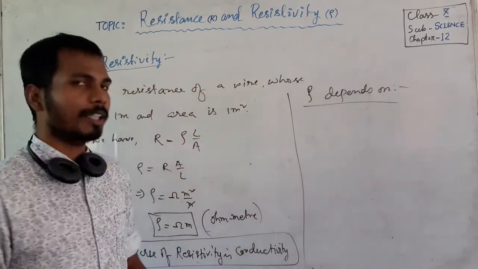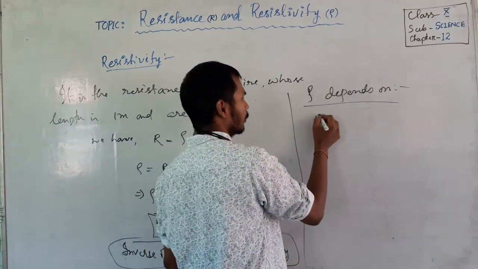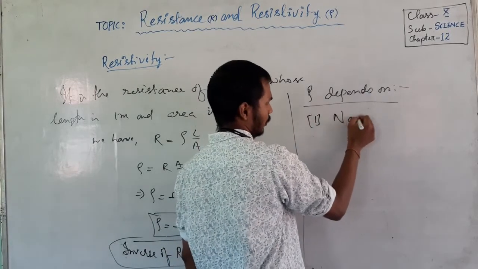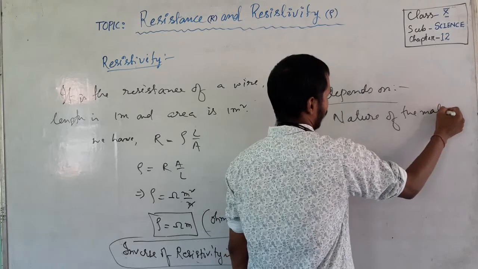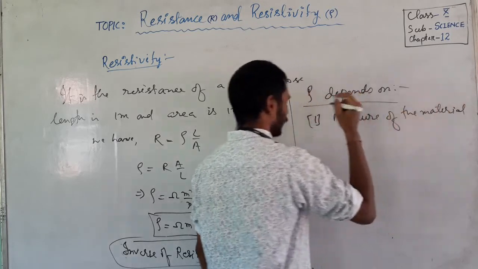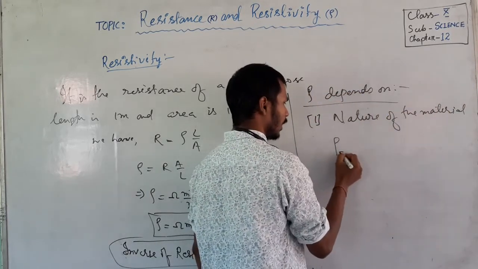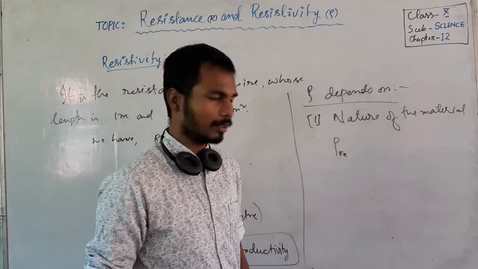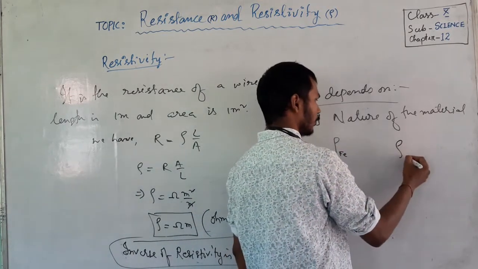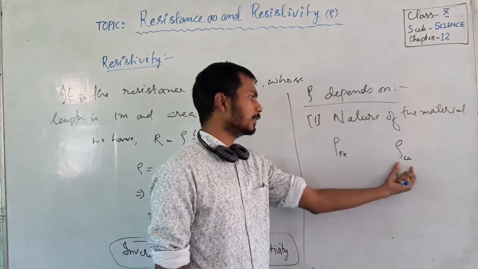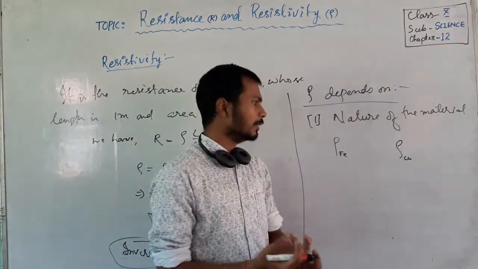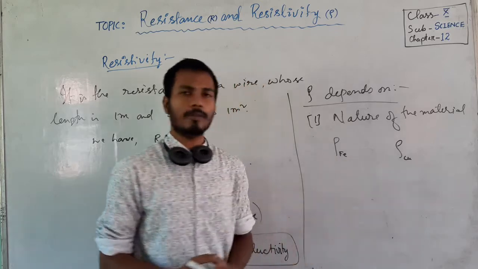This resistivity depends on, number one, nature of the material. How? Say for example, rho Fe is the resistivity of iron. Rho Cu is the resistivity of copper. We know that copper's conductivity is more than the conductivity of iron.